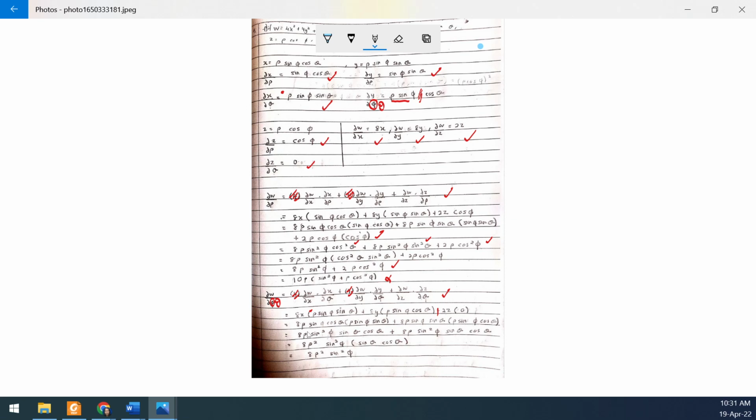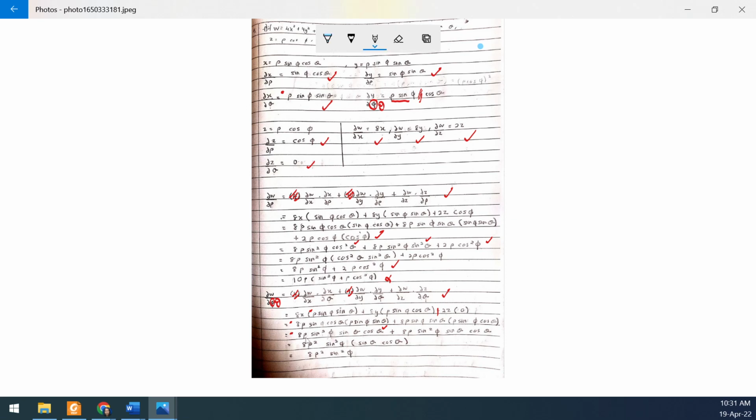So you simplify. This is sin squared phi cos theta, correct? And then 8 rho sin squared phi sin theta cos theta. So factor out sin squared phi, sin theta cos theta, because this one you have negative here.